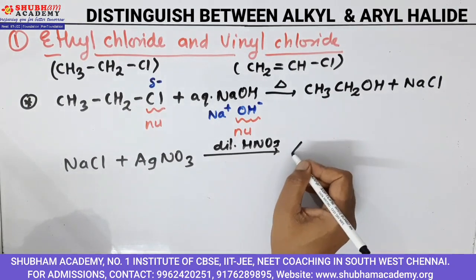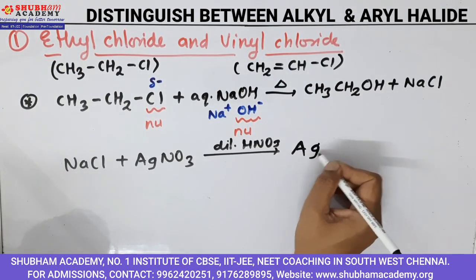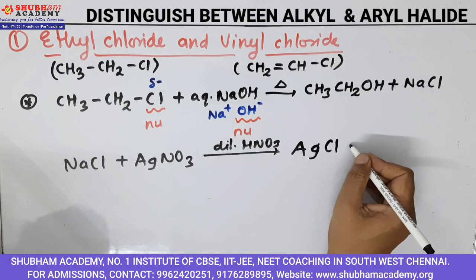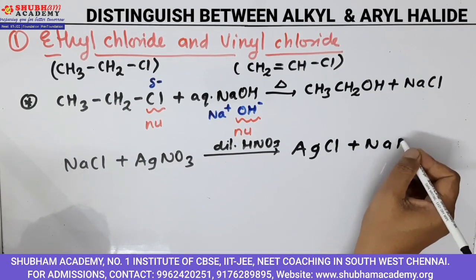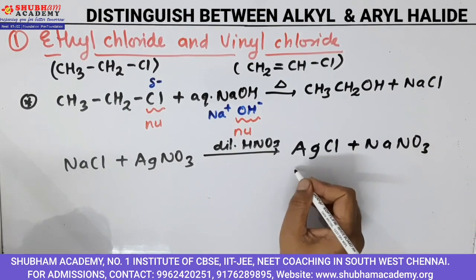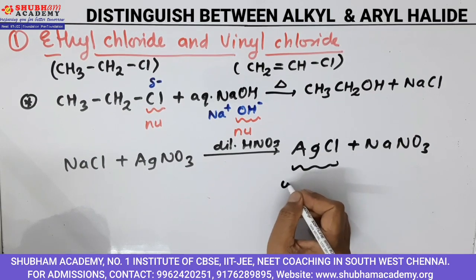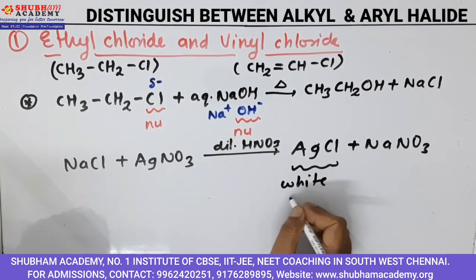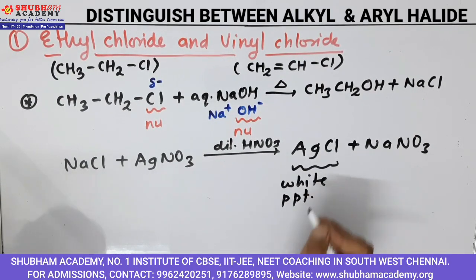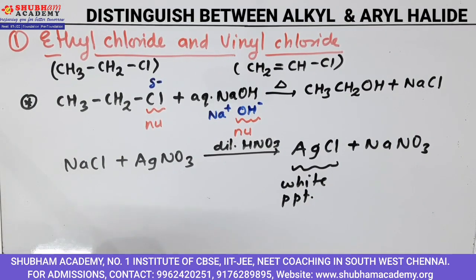So what I will get? I will get AgCl plus NaNO3, right. So I am getting white precipitate, white PPT of AgCl, right. So this is the test for ethyl chloride. Now we will see vinyl chloride.